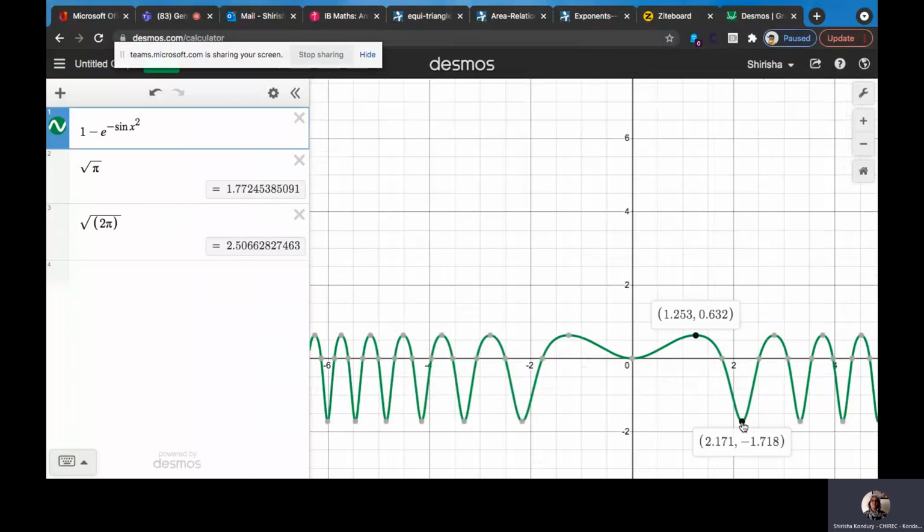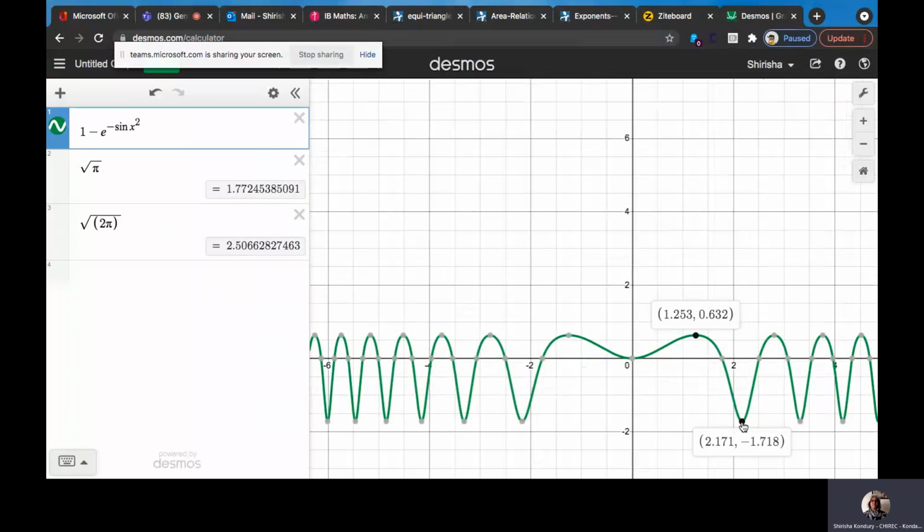1.25, and again, if I have to think of when it becomes maximum, it becomes maximum when this e power minus sine x square becomes the least.